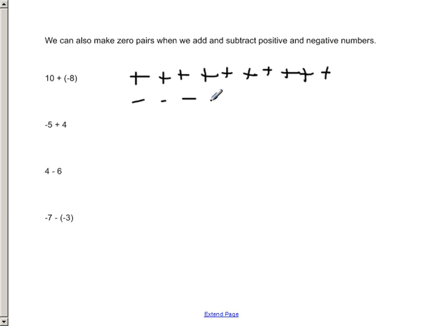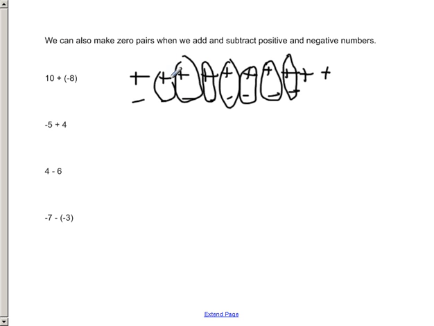And I've made these zero pairs because a positive and a negative will balance and equal 0. So when I make my zero pairs, when I have 10 plus a negative 8, I am left with 2. So 10 plus a negative 8 is 2.